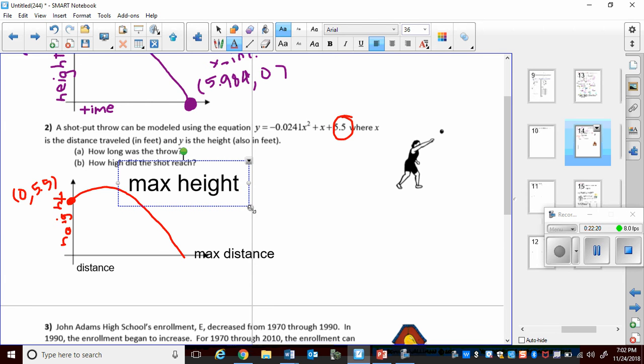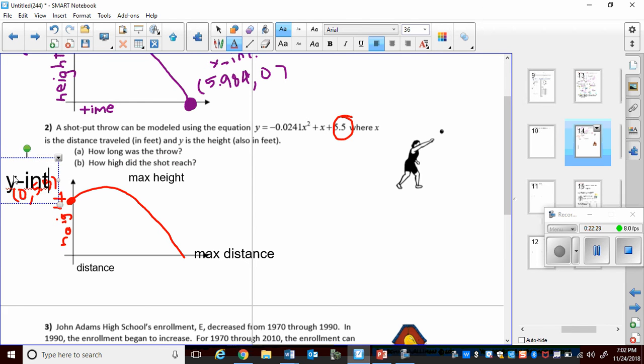So the y value in the coordinates of the maximum is my max height. This is my y-intercept. And for the max distance, I'm looking at the x-intercept. Okay? So just so we're clear what we're looking at here.